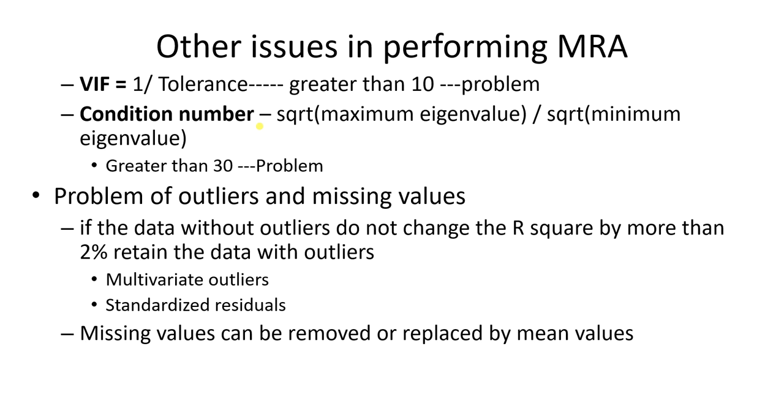So we will be required to test whether the problem of multicollinearity is there or not. If the problem of multicollinearity is there, the results will not be interpretable. They will not give correct inference. And there are many ways to handle multicollinearity.